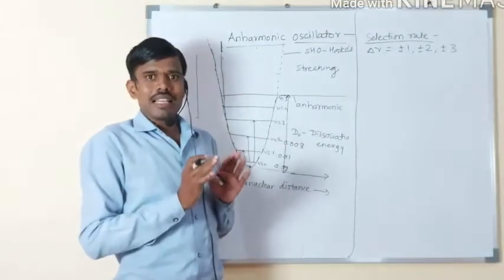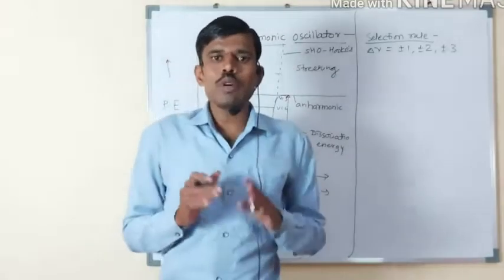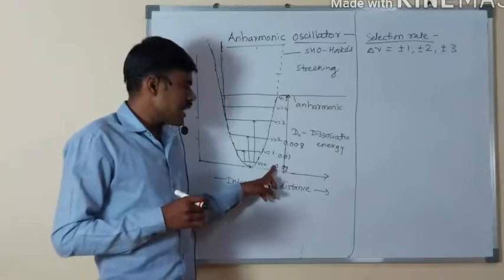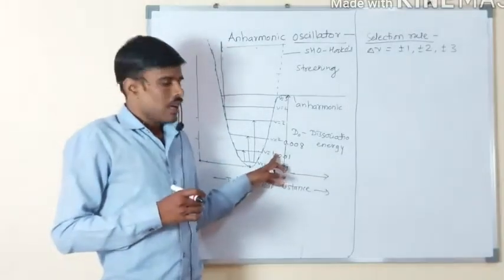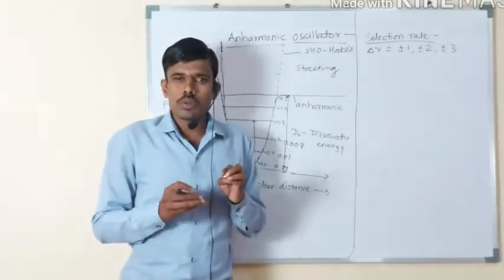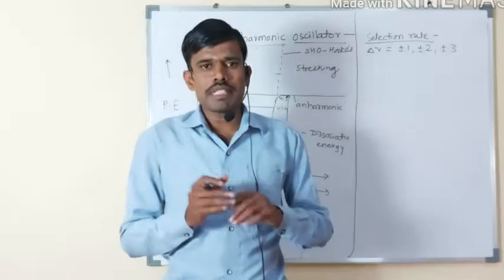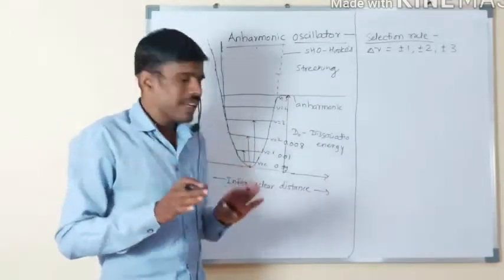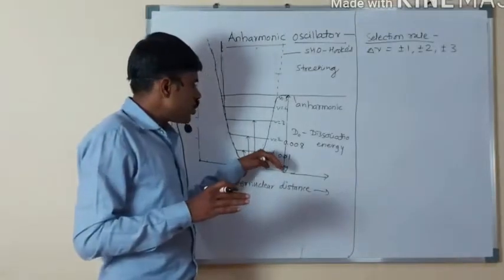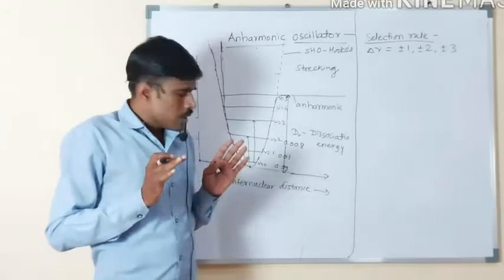It means that if you take 100 molecules, then out of 100 molecules, 99 molecules are here and 1 molecule is present here. And in V equal to 2, 0.1% of molecules are present. So the probability of finding a molecule in the V equal to 1 and V equal to 2 state is very poor.